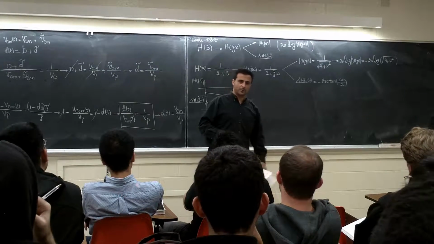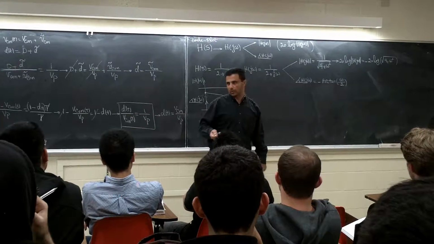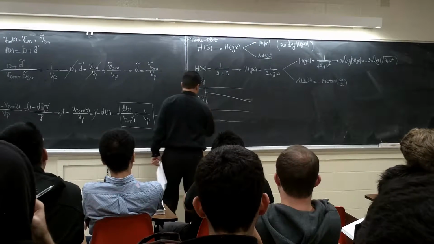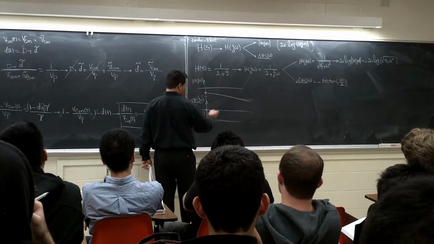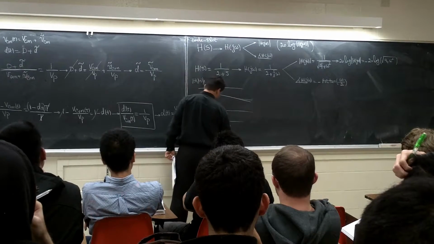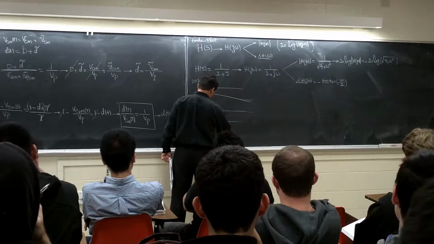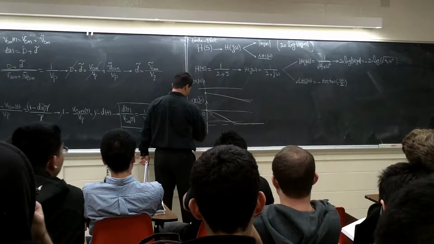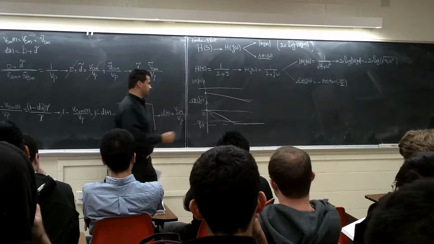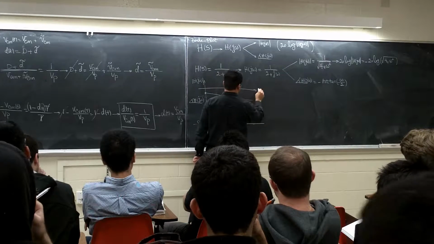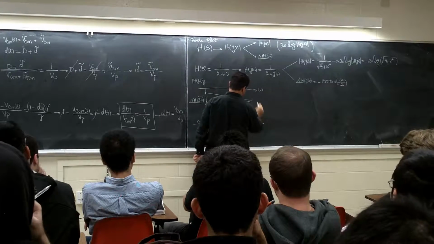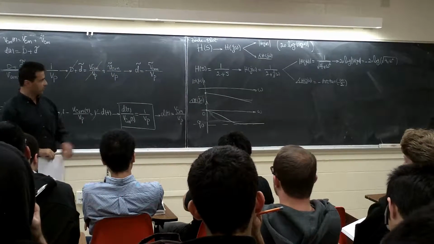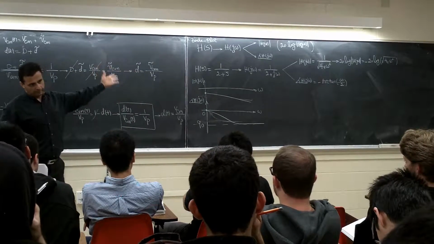If omega is 0, how much is the phase? 0, right? Arctan of 0 is 0. But if omega goes to infinity, minus 90. It's going to go somehow, something like this, to minus 90, right? And this is the omega axis. You should know these things from one of the control courses. We call them Bode plots, right? Phase and gain.